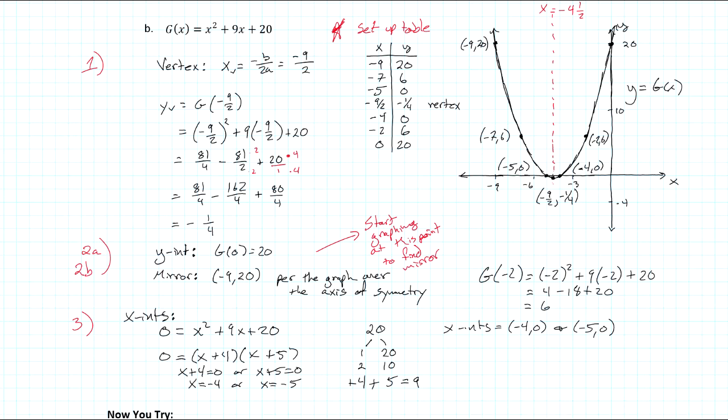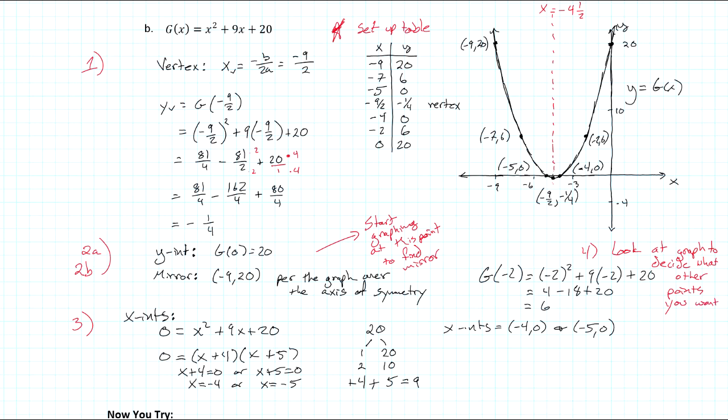And then once we have that, step 4 is look at the graph to decide what other points you want. And there's no right or wrong answer there. And maybe there's a wrong answer.